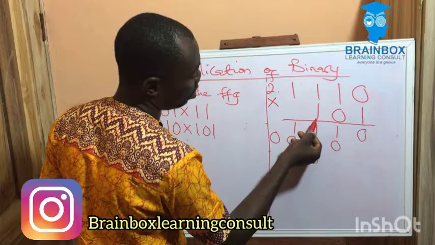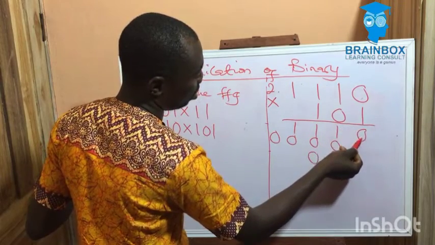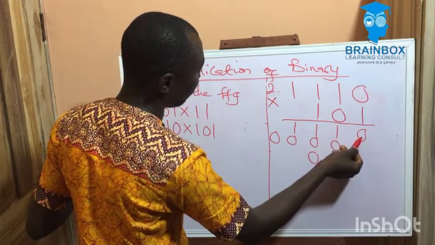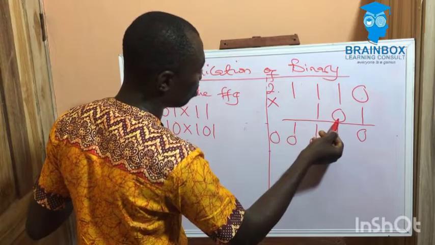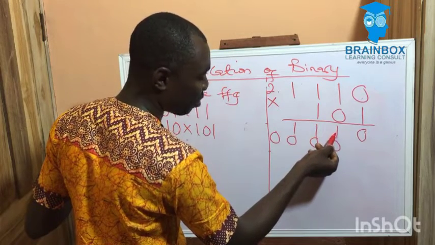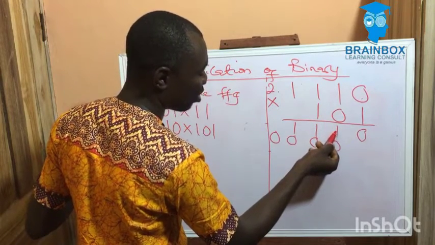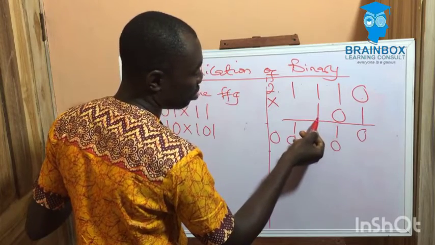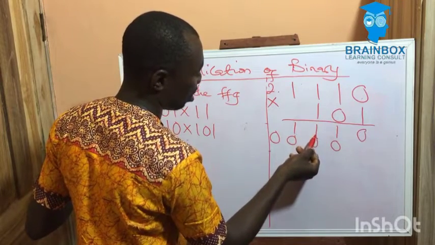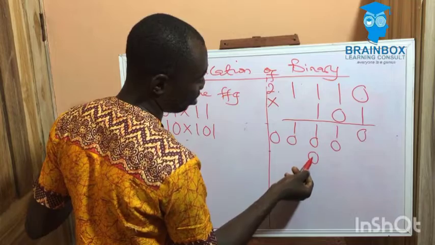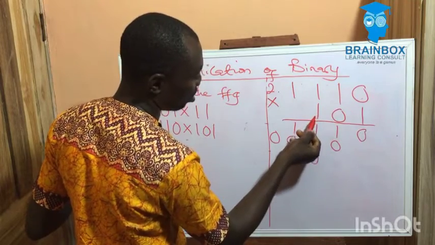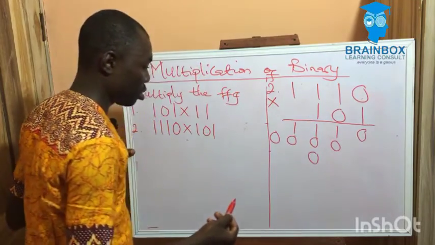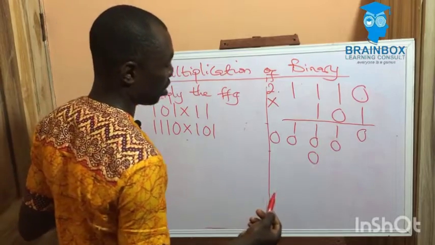You can see that when we started with this, our answer started from here. When we started with 0, our answer started directly under that 0. When we started with 1, we started directly under 1. So just the way you do it in long multiplication, same way here.